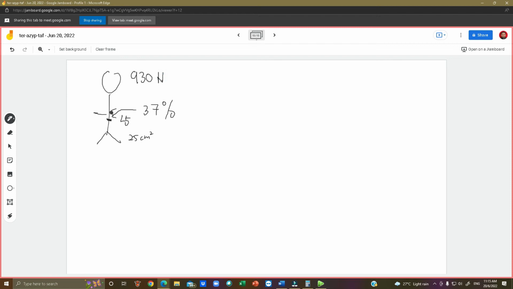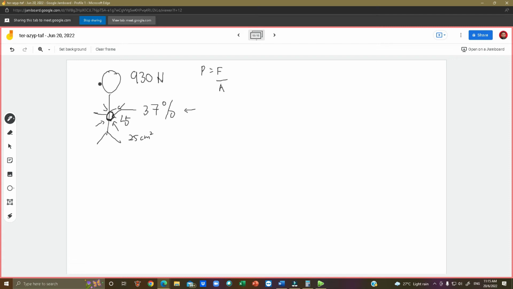The question is, how much force being distributed here at the superior of the L5? Berapa banyak force yang kita perlukan? Okay, the difference between this one and before, we have pressure equals to F over A. The difference between this and before is the presence of percentage. Tu je satu perbezaan dia.